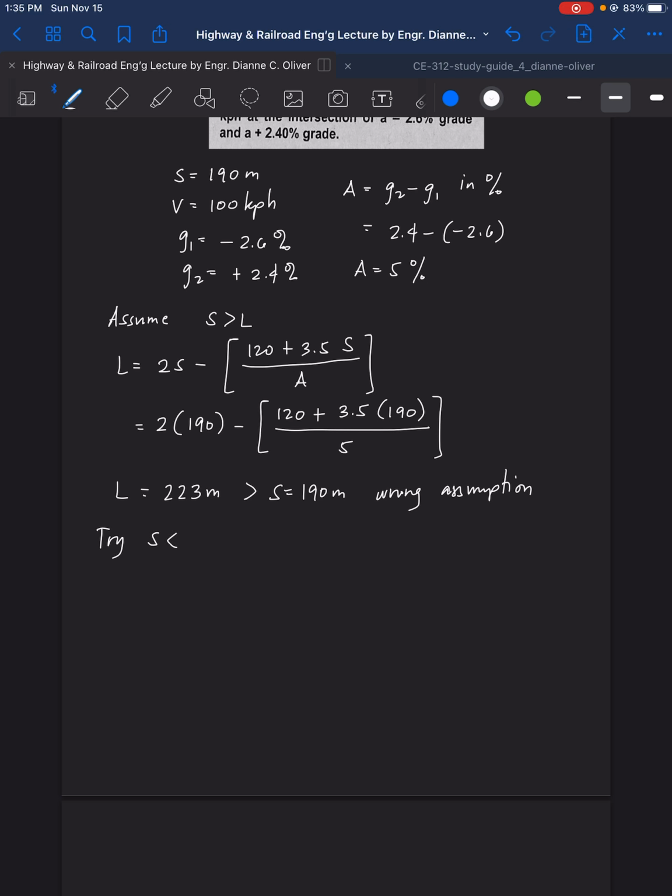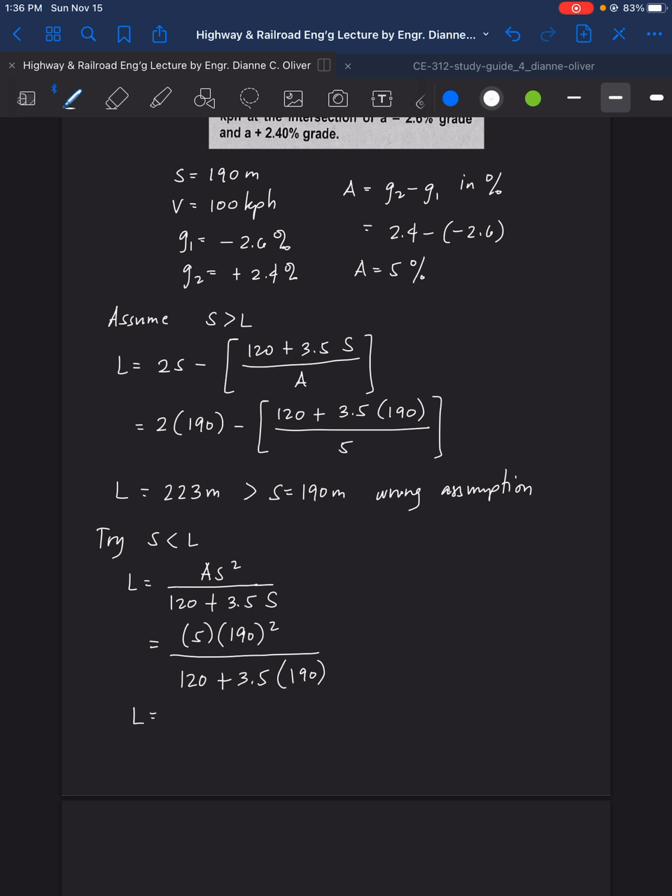Try S is less than L. So here we have L is equal to AS squared all over 120 plus 3.5S. So this is 5 times the S of 190 squared all over 120 plus 3.5 times 190.